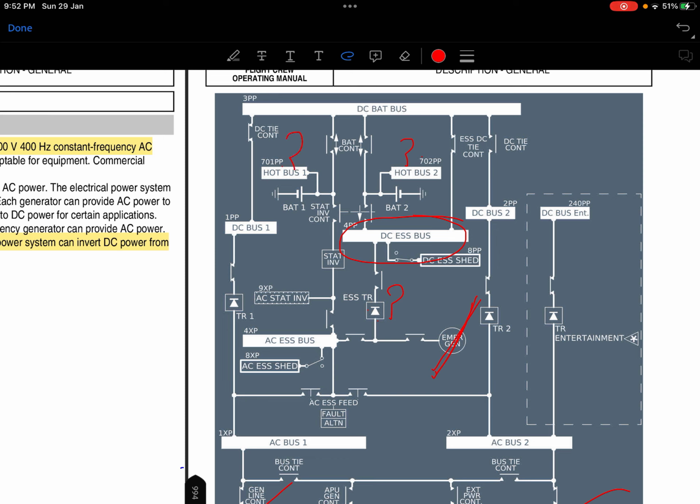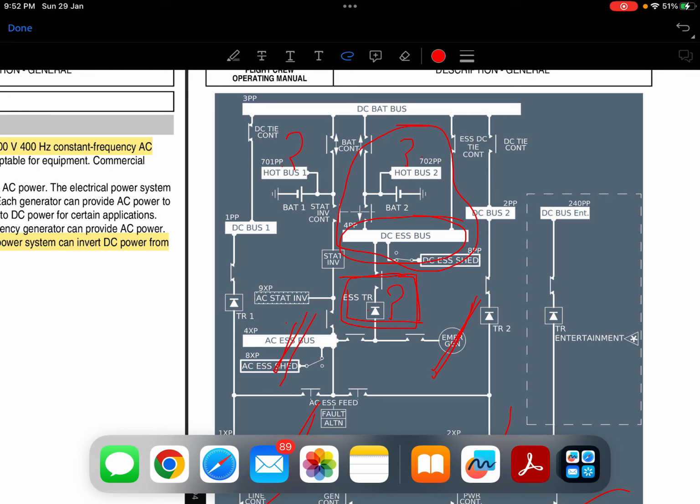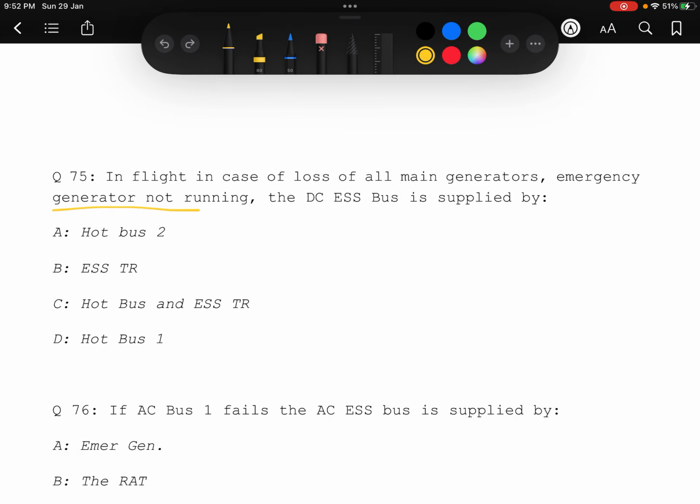What do you say? Let's say essential TR. You are just giving your opinion that it's essential TR. From where is the essential TR getting powered? From nowhere. None of the buses is getting powered, right? So it is hot bus 2, through battery 2. It's option alpha, through hot bus 2.